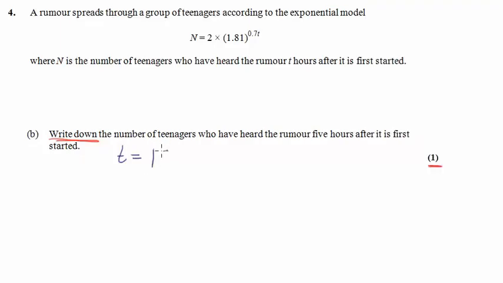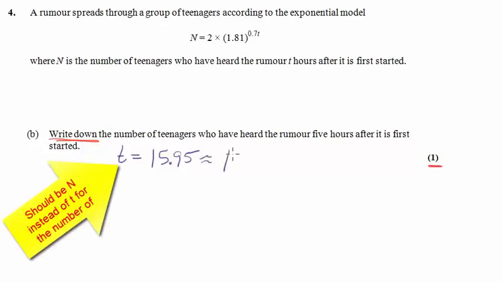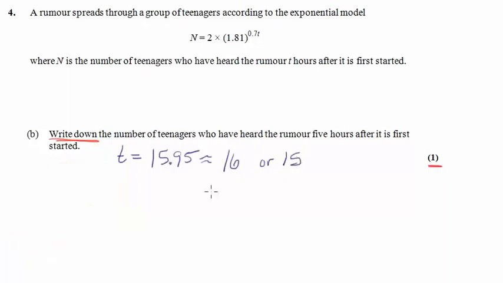They did give one choice to say that it is 16, and sorry, it should be N for the number of teenagers, not T for time, or 15 because not a whole 16th person had heard the rumor. So both of those answers were acceptable.